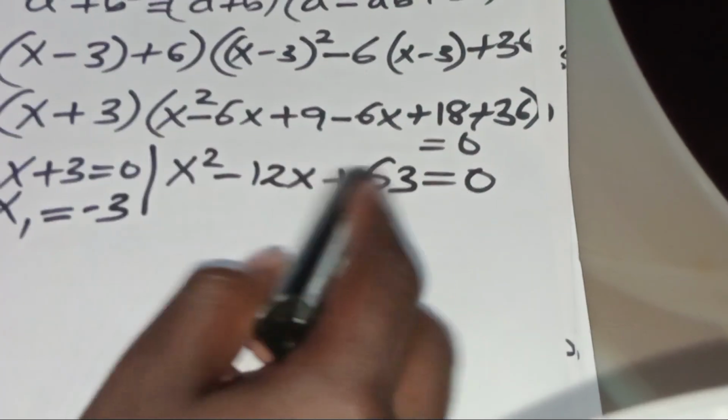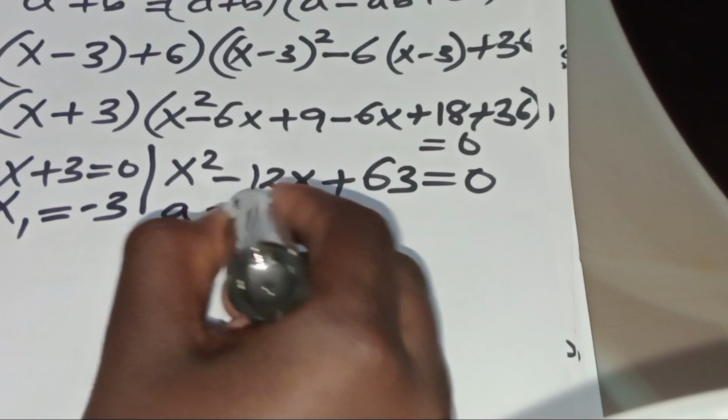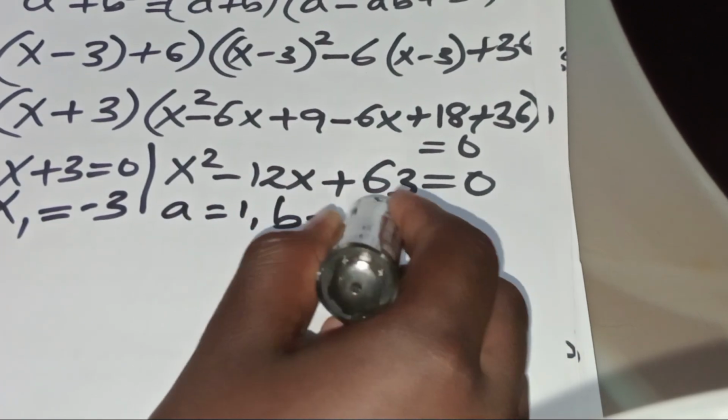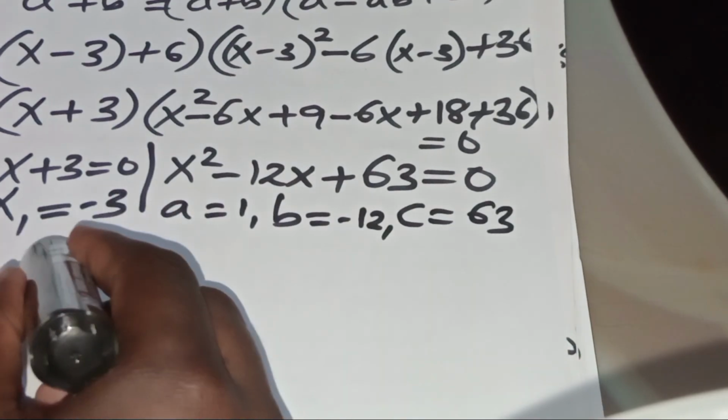The second part is a quadratic equation with a = 1, b = -12, c = 63. So let's apply the quadratic formula.